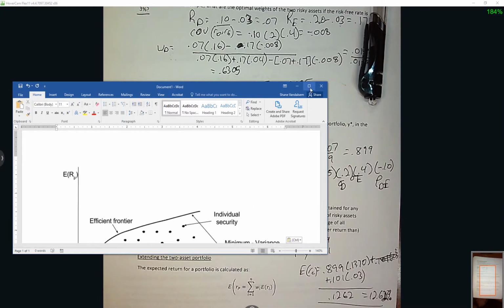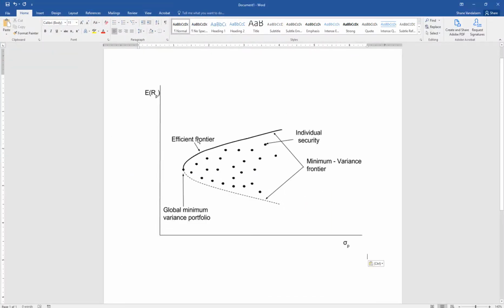So we have a graph here, and imagine that this is the possibilities for all different investments. Okay, so on the y-axis we have the expected returns, and the x-axis we have the standard deviations. And any point within this space, this entire space, could be a possible portfolio. So a combination of risky assets, and that can include a portfolio of one asset.